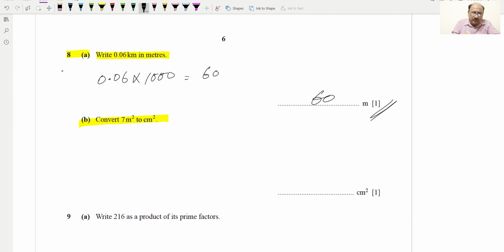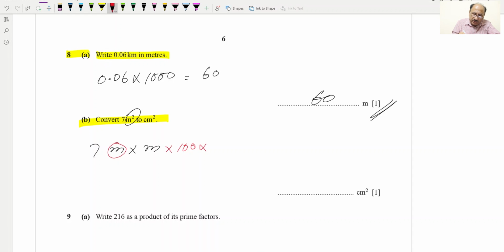Next is convert 7 meters square to centimeters square. The easiest way to understand this conversion is 7 into meter into meter, for the meter square I have written. Now we need to change this meter into centimeter. To change meter into centimeter, we will multiply by 100 because there are 100 centimeters in 1 meter.